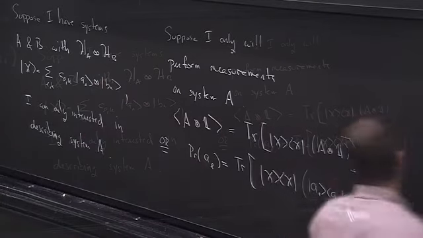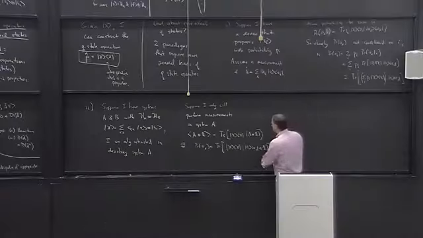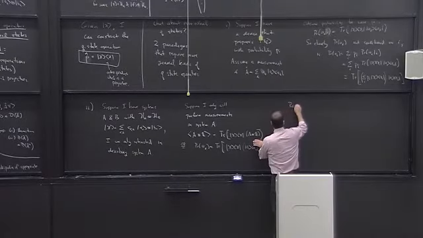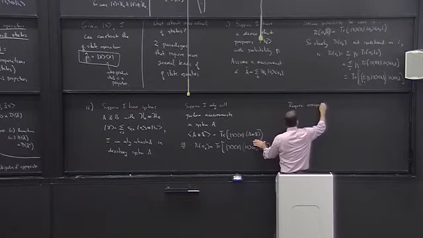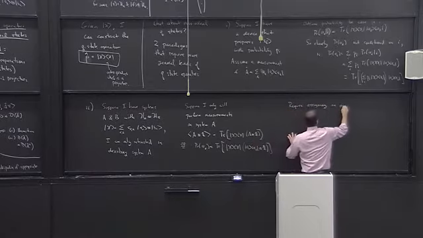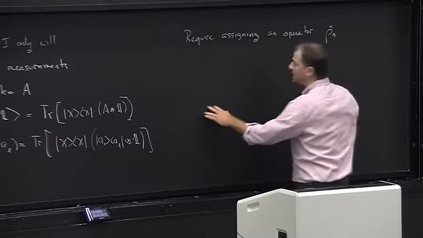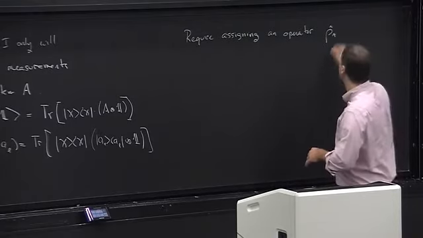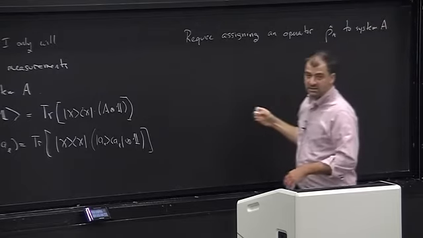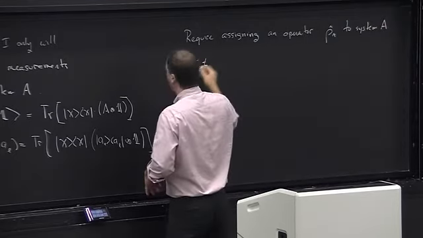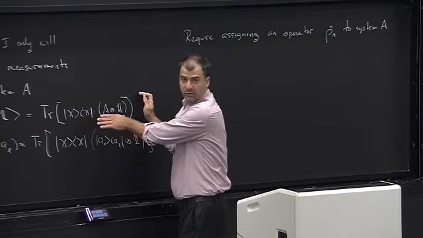Okay, so then we can look at the effective description we get. So we require assigning an operator rho A to system A such that all my predictions in this picture are reproduced.